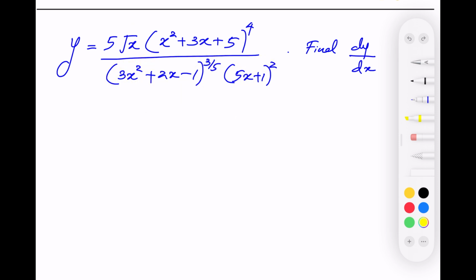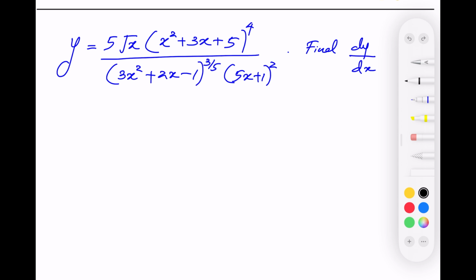So in the places where you differentiate those functions, you will also have to apply the product rule. So this question is really complicated if you do not use the natural logarithm. What I'm going to do is apply the natural logarithm to both sides of this function.